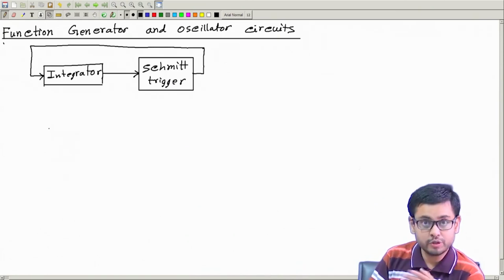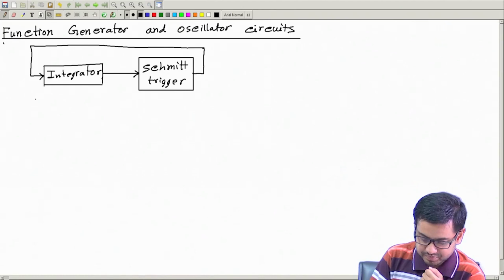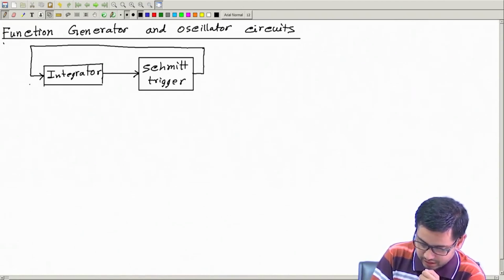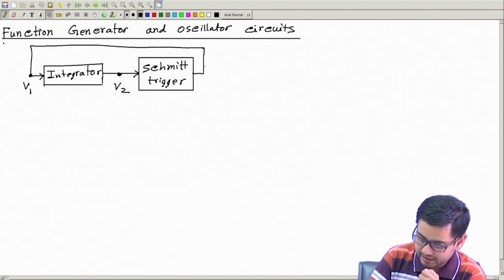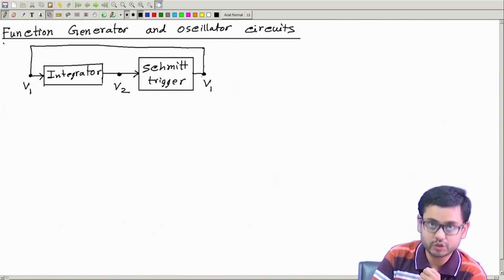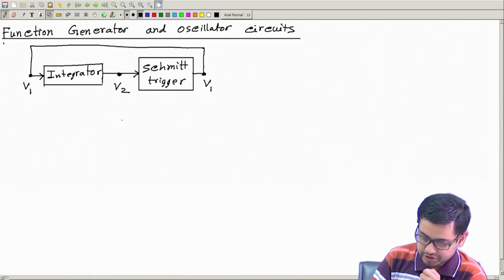Now you see what happens. Let me give names: V1 is the voltage at this point, V2 is the voltage at this point, and this is again V1 because these two are connected.